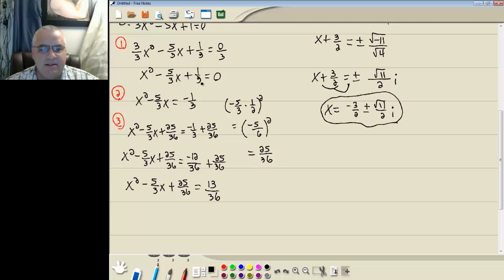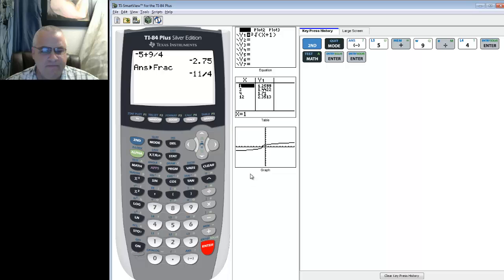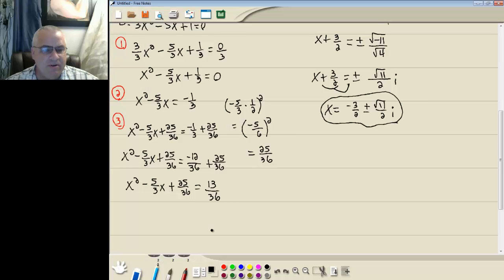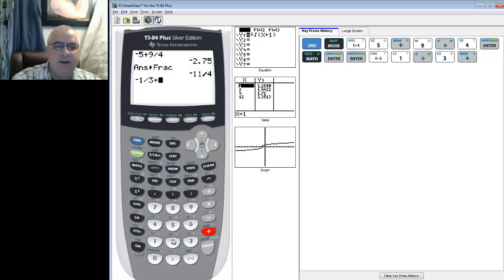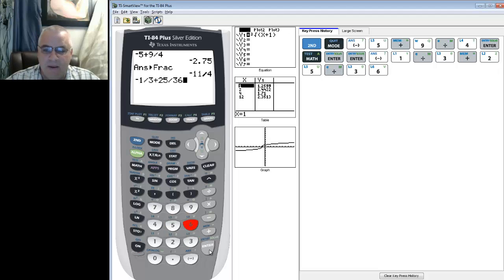So do negative 1 divided by 3 plus 25 over 36. Then I press enter, and we get a decimal, so we do math, enter, enter. And you see we get 13 over 36, what we did by hand.